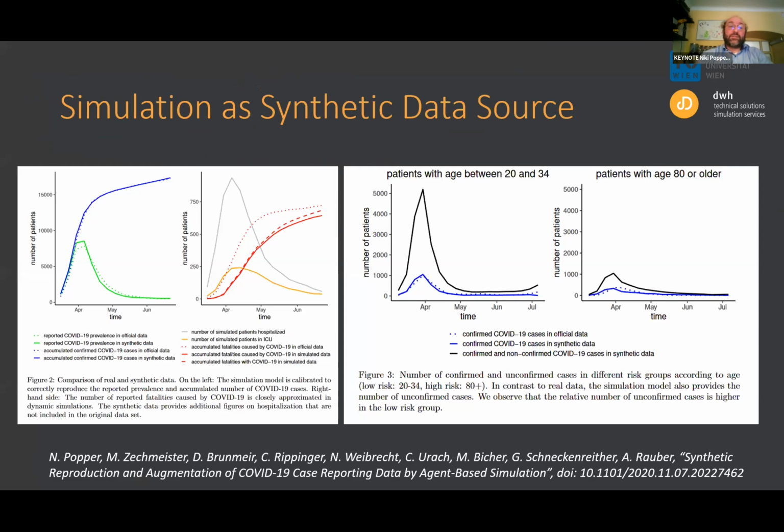The last example is we use our simulations as a resource for synthetic data. So the basic idea is we are good in modeling these agent-based concepts, but the idea is that other research groups can use our data for their research. And these are examples of a publication on this, where we said, okay, we try to recompute the scenarios and give them to the public.